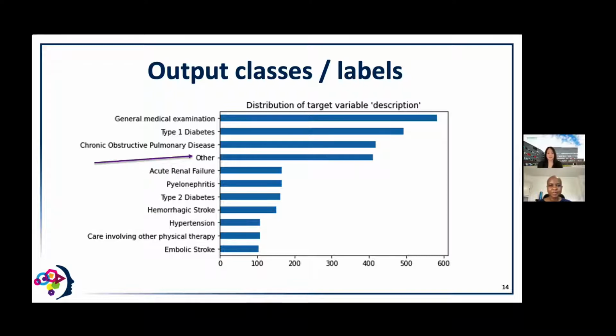So we collapsed some of those categories into this other category. So just a note that we do have this other category, and it's a bit of a challenging category for the machine to predict because all the examples in there are quite different, because we combined a lot of the other diagnoses into this one. But ultimately, this is the distribution of the number of examples in each of the diagnoses or each of the categories we are trying to predict.